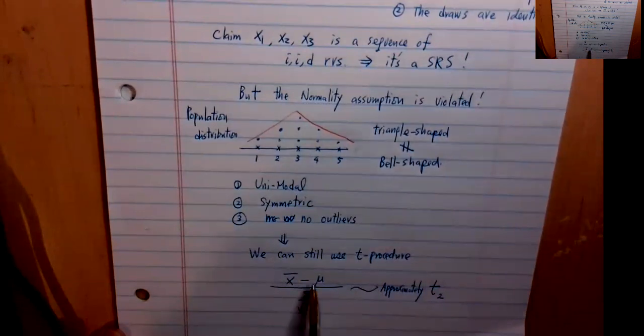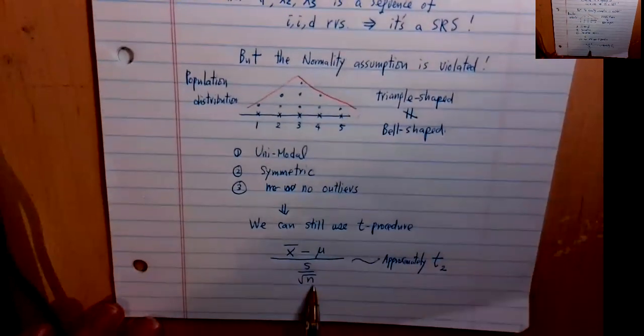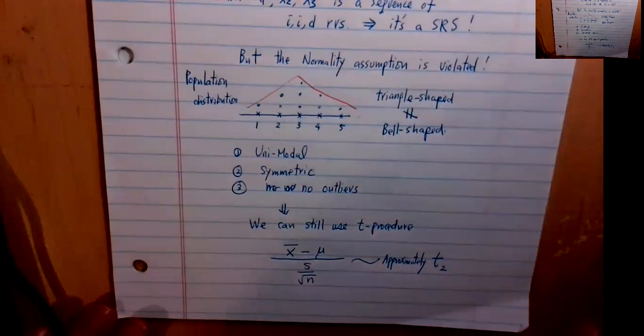That is, the sample mean subtract the population mean over sample standard deviation divided by square root of the sample size still follows approximately t with 2 degrees of freedom. This is what we mean. The normality assumption is not as important as the simple random sample assumption. Now, let's move on to the next page.